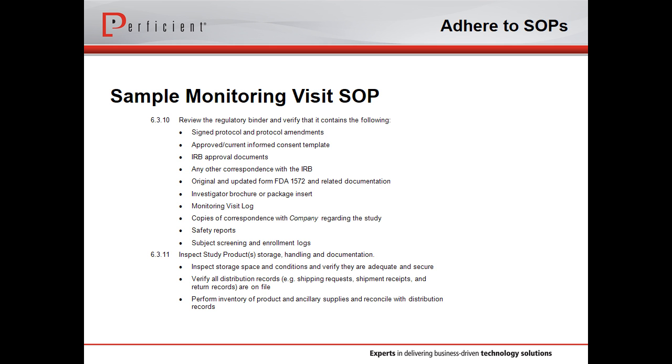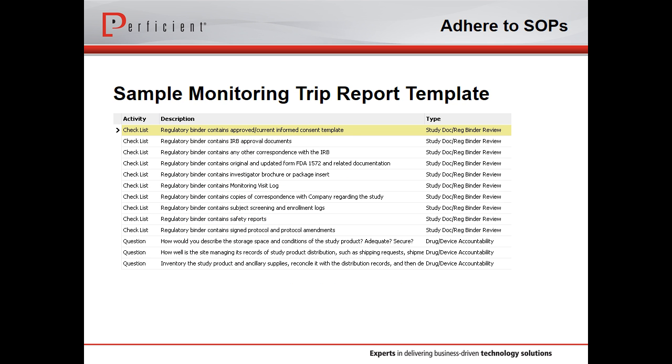In this example, each of the lines from that SOP relating to regulatory binders has been converted into a checklist item, meaning it can be answered with a yes, no, or not applicable, or some sort of drop-down.